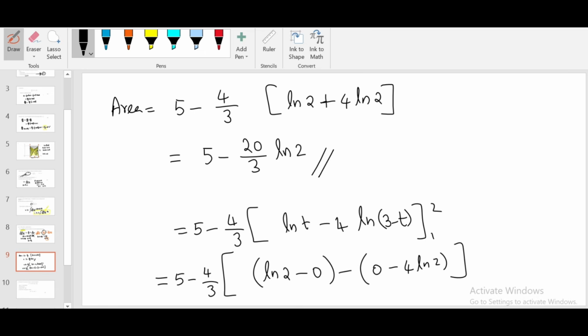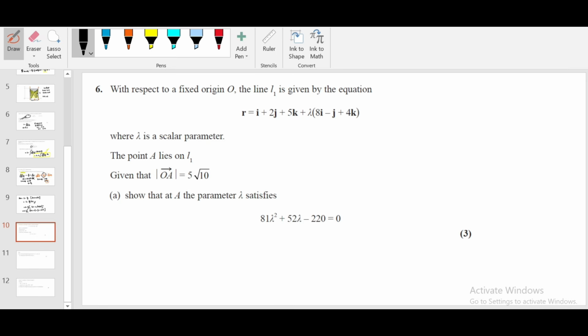It's a 6-mark question. Question number 6 now. With respect to a fixed origin O, the line L1 is given by this equation. A lies on L1 and the magnitude of the vector OA is given as 5 square root of 10. Show that at A the lambda satisfies this.